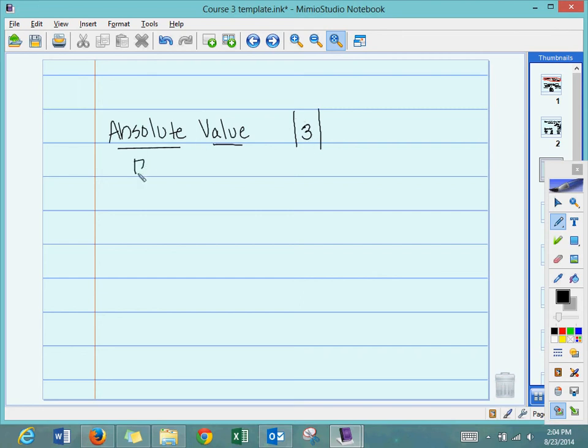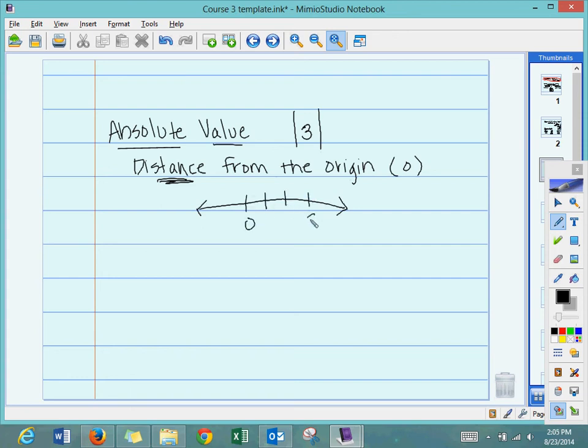Absolute value is a distance from the origin. In this case we're looking at 0. So how far away from 0 is 3? Well, if we were to draw a number line and we put 0 here, we'd have 1, 2, 3. This distance is 3.